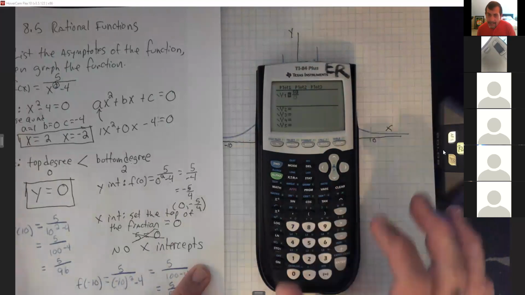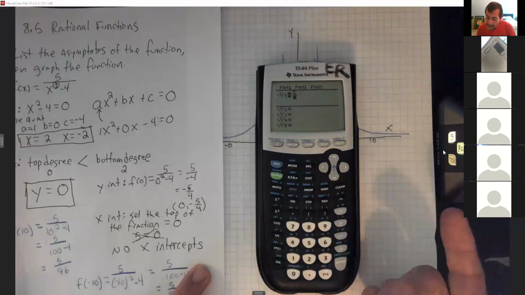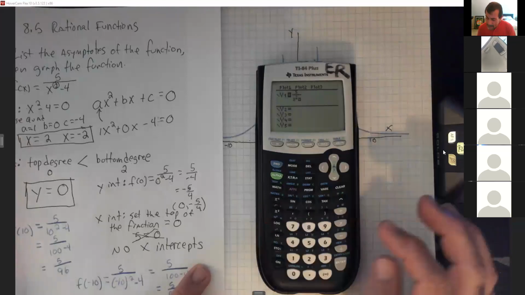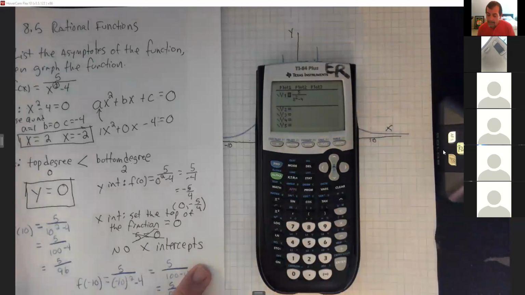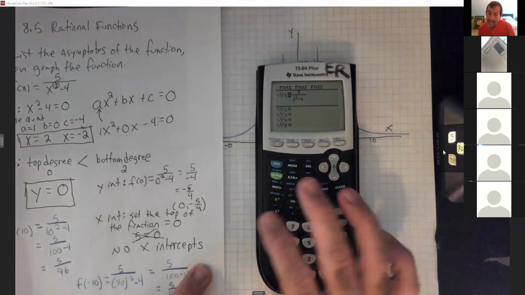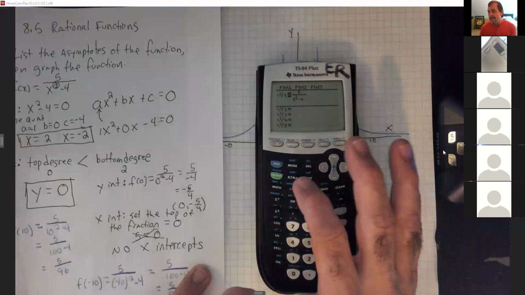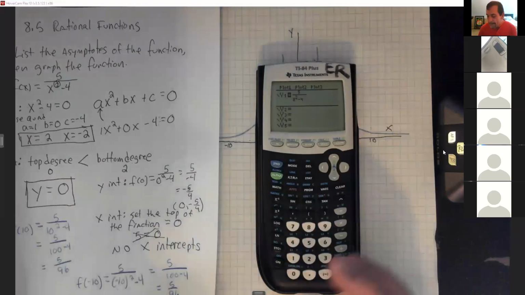And then I just arrowed down to get to that bottom. And then on the bottom, I put in my x, and then I squared it. And then I did what? A minus 4. So now that I got it in, it looks exactly like the problem when you use that alpha y. The other way, you have to use parentheses to tell it what your numerators and denominators are.